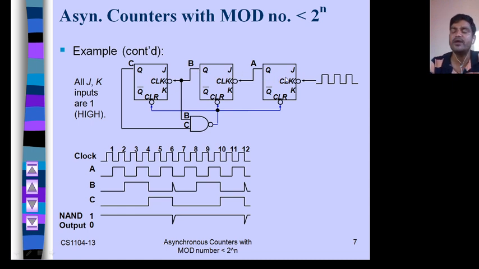Now where is 1? In the A, B or C flip flop, where is 1? Connect the output of those flip flops to the inputs of the NAND gate and connect the output of the NAND gate to the clear inputs of all the flip flops.